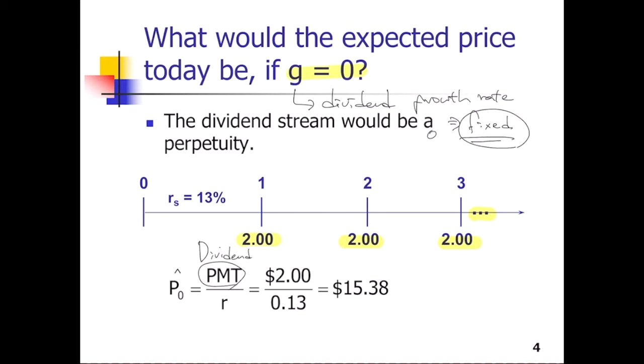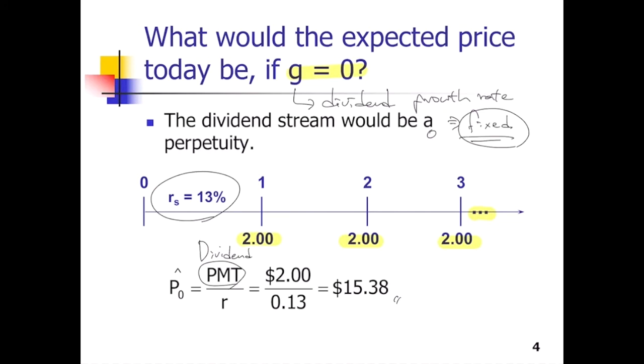So $2 and R is given. You calculate this and you get $15.38. So we can say the value of the preferred stock is $15.38. In this case, it assumes the dividend does not change, but it is a very strict assumption. Now we are going to relax this assumption.